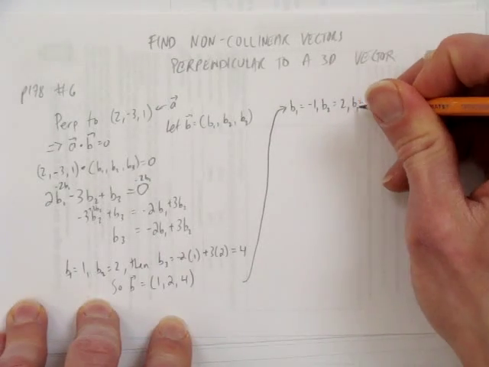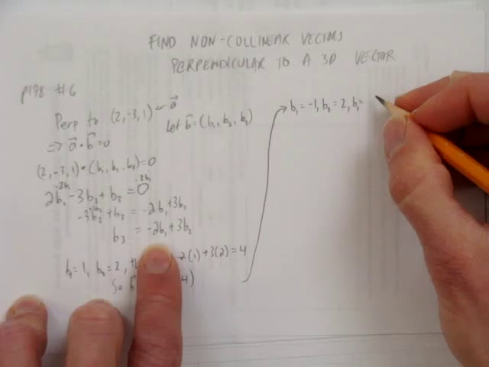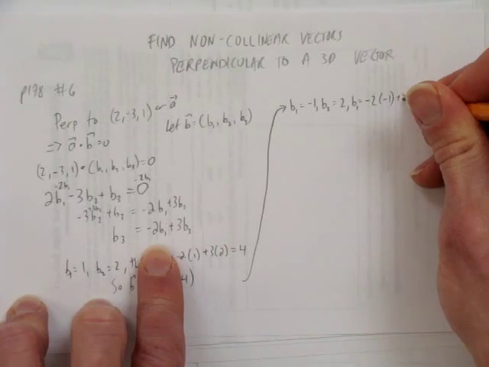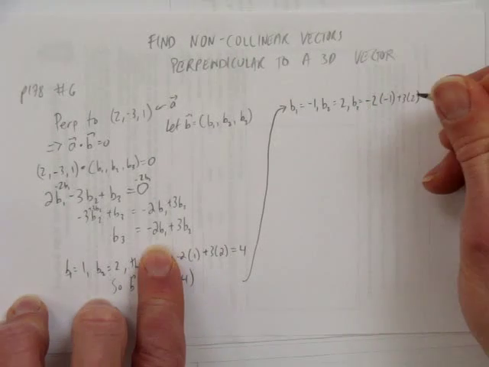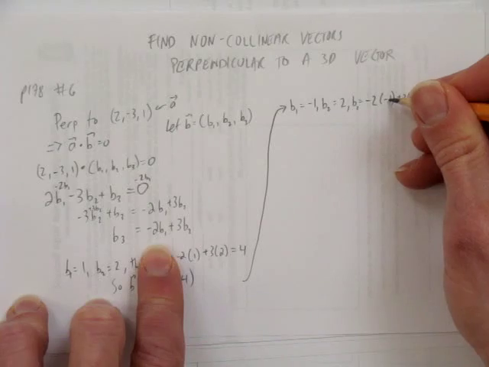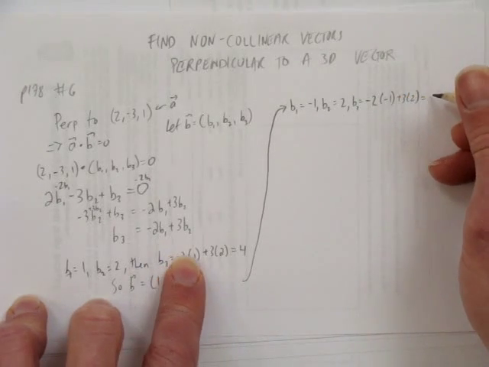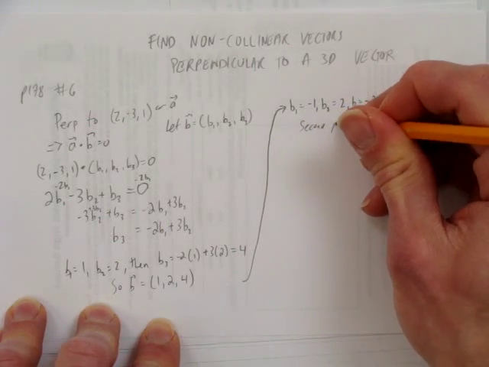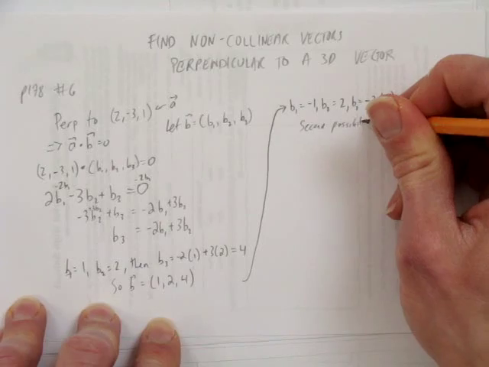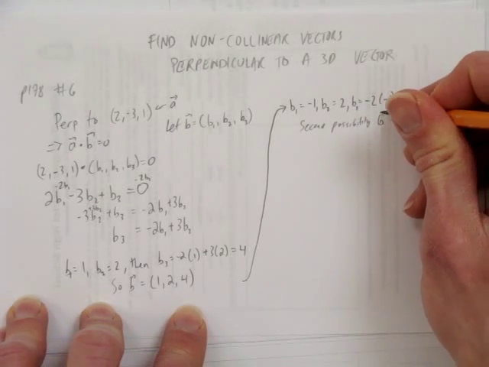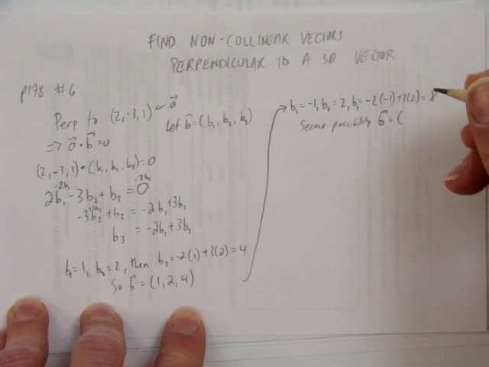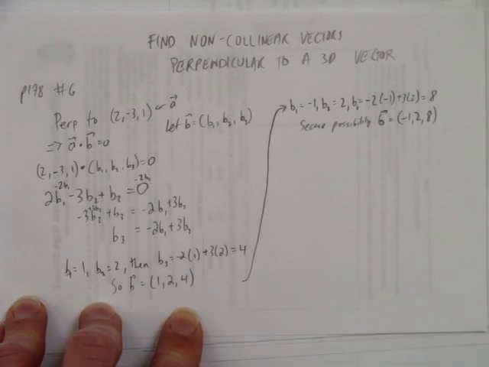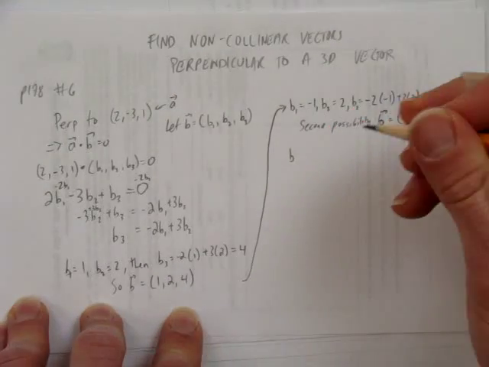And then calculate b3 again, using the same formula: -2 times -1 plus 3 times 2. Negative times negative is a positive, so +2 plus 6 gives 8. So we have a second possibility: the B vector could equal (-1, 2, 8).